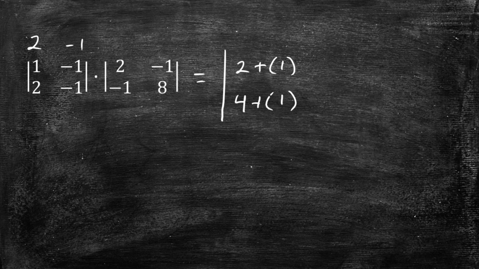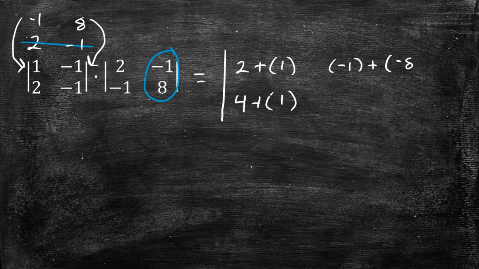And now, since we did the first column, we're going to take the second column here and put that over our first matrix. So we got -1 times 8. And then we multiply those numbers to the first row and add them together. So -1 times 1 is -1, plus 8 times -1 is -8.